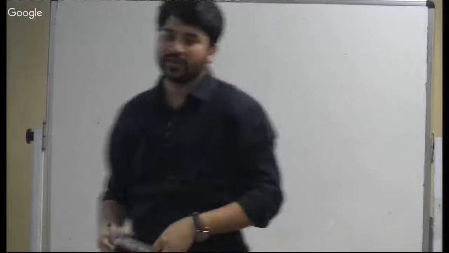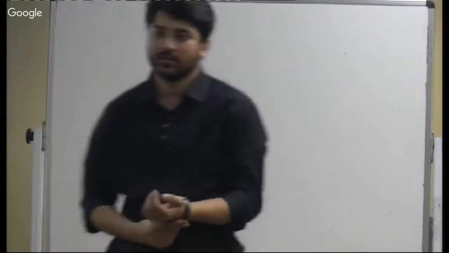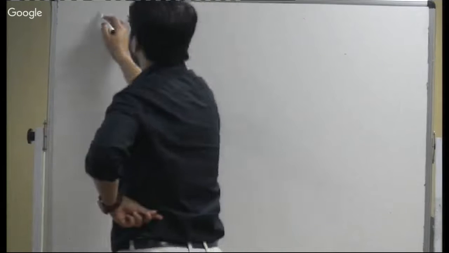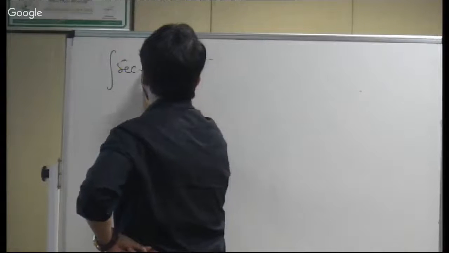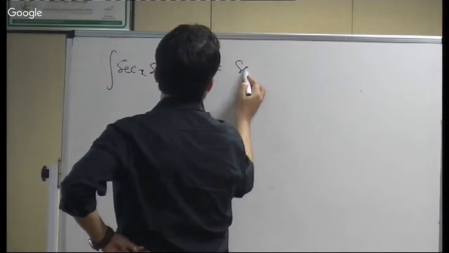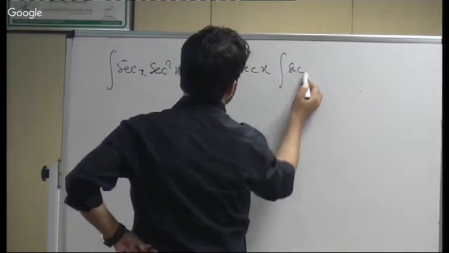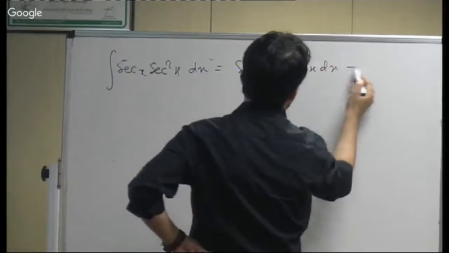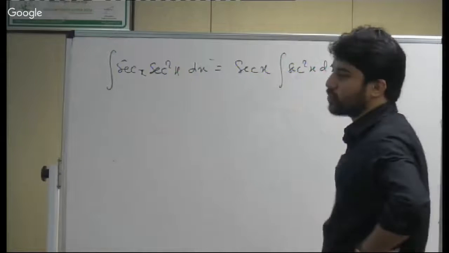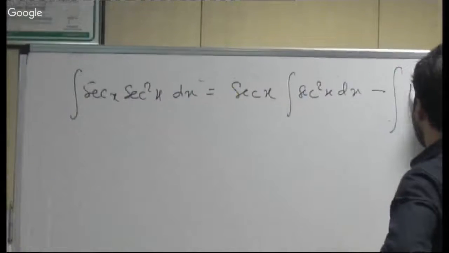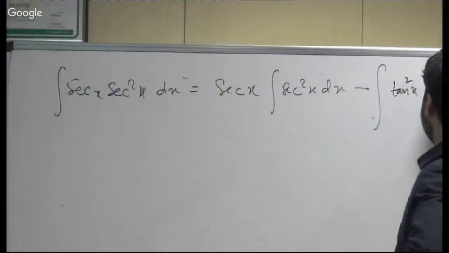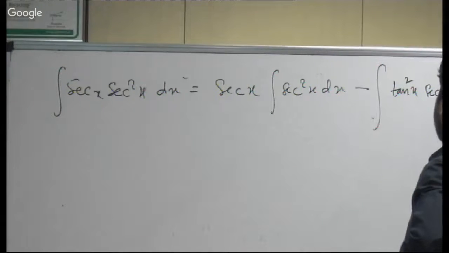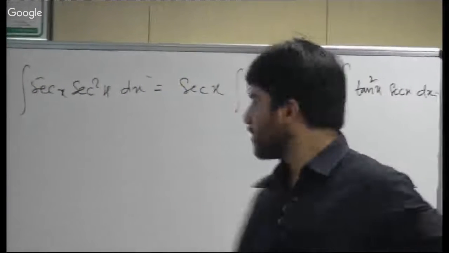The first part should be the one which is difficult to integrate. So I'm going to write sec cube x as sec x into tan x minus integration. What is the integration of sec square dx? Tan x. And what is the differentiation of sec x? Right?